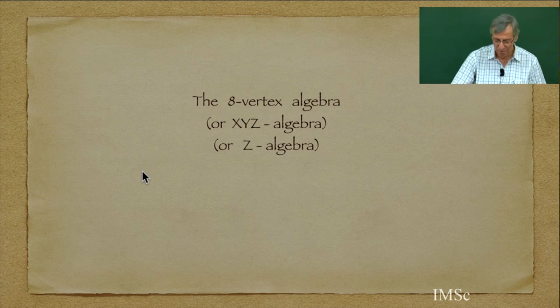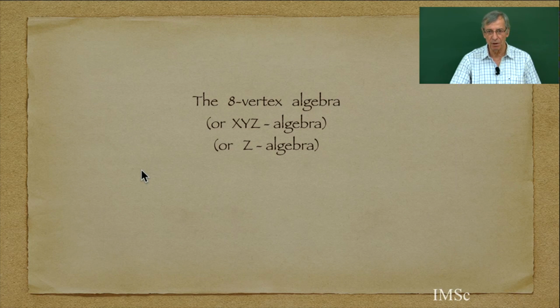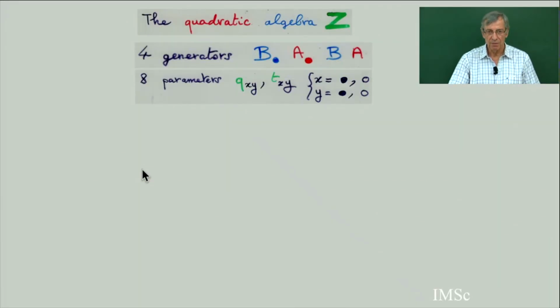It's an algebra with four generators. I will put B, instead of B prime, I will put B and B dot. Sometimes we will put, instead of B, a circle like this. There will be a full dot or just an empty circle.